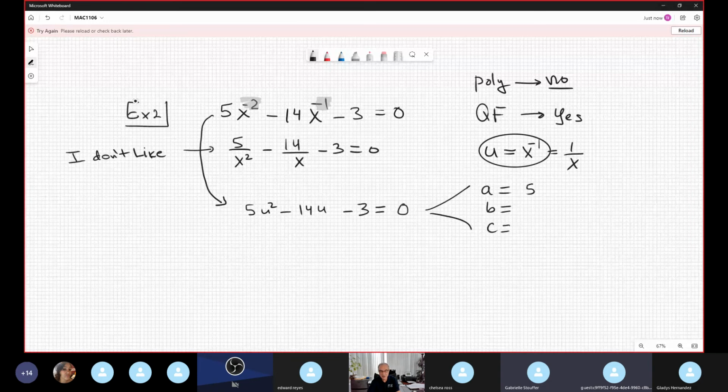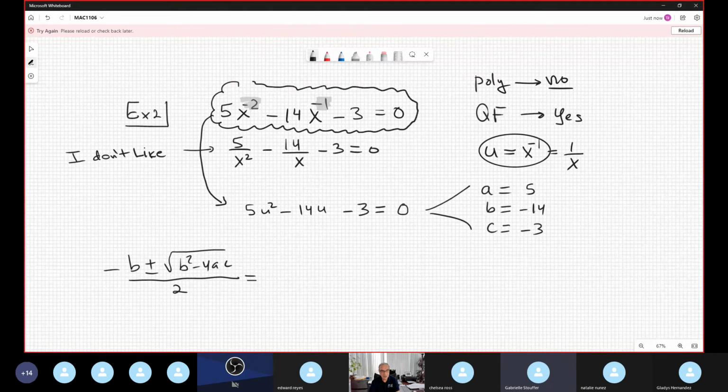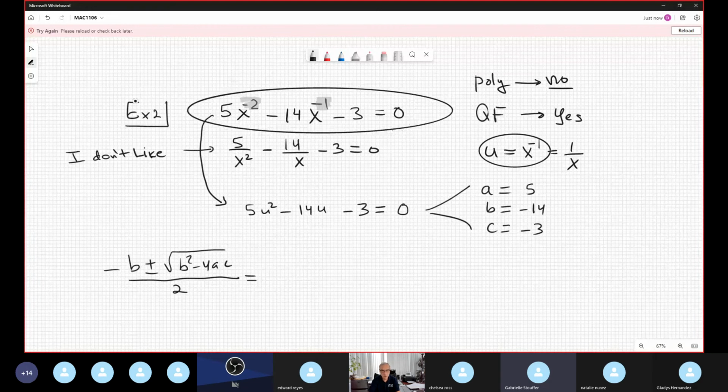A is 5, b is negative 14, and c is negative 3. You apply our famous quadratic formula for solving any quadratic. The transformation was made by detecting that this equation is not polynomial, but is quadratic in form, so I can transform it to a quadratic using the substitution u.